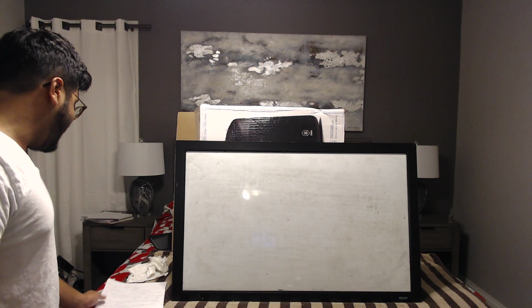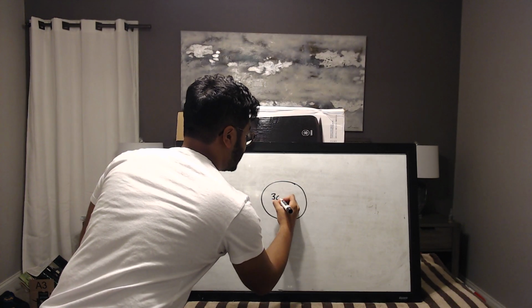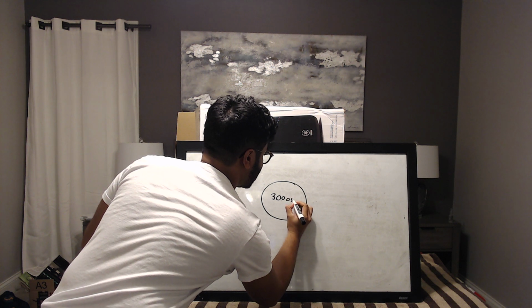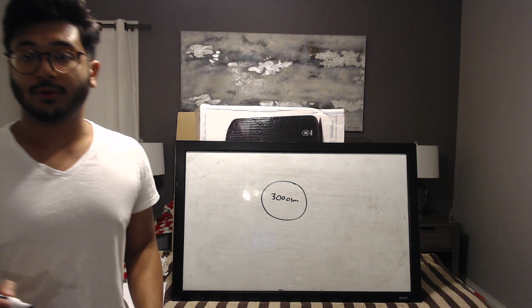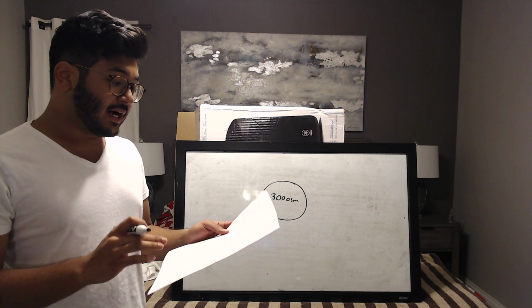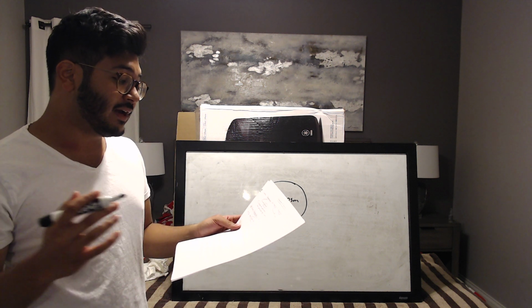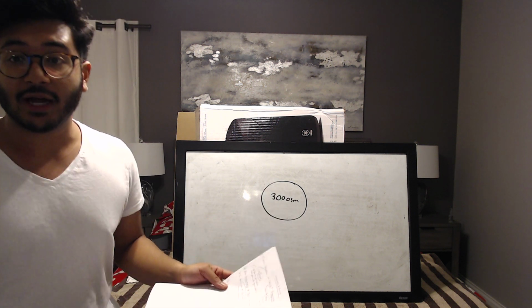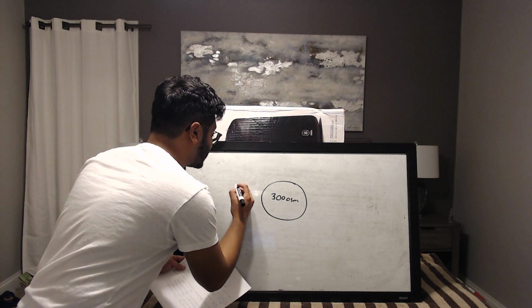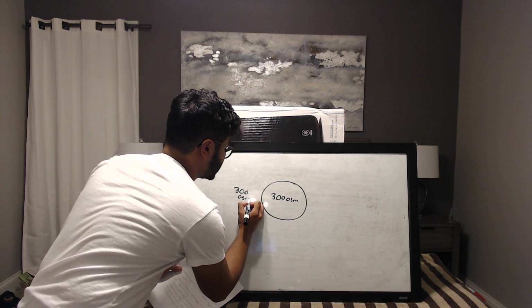To explain that, let's draw a cell. We know that the inside of our cell is usually around 300 milliosmoles, and that's 300, not 3,000. If you have a solution that's isotonic to the cell, the solution is also going to be 300 milliosmoles.